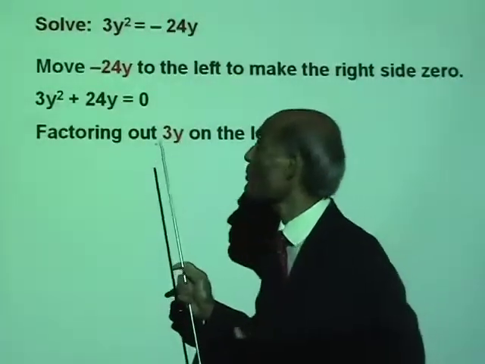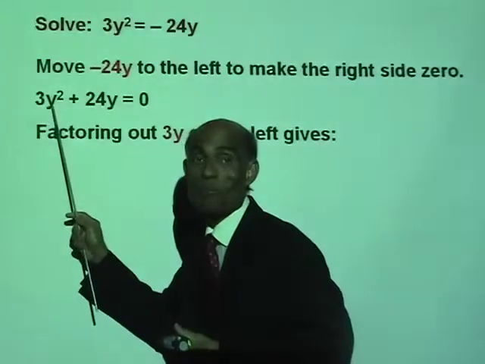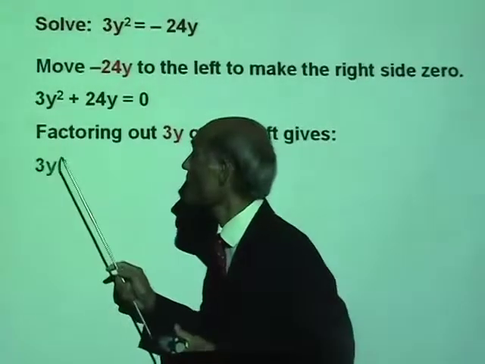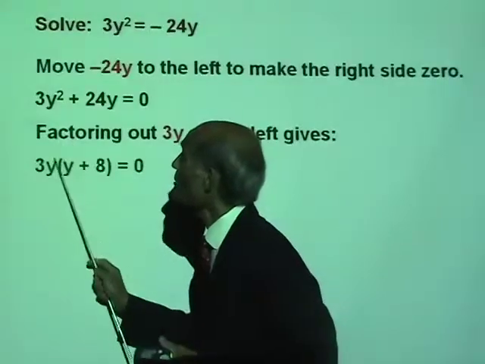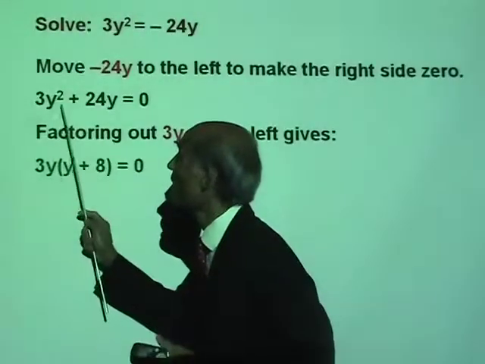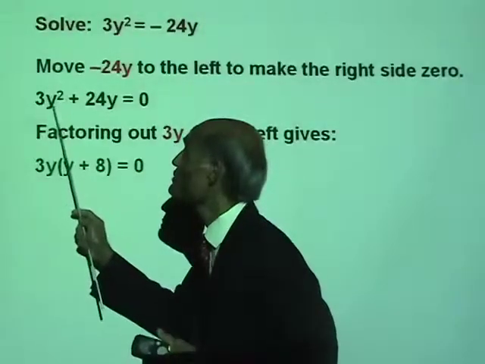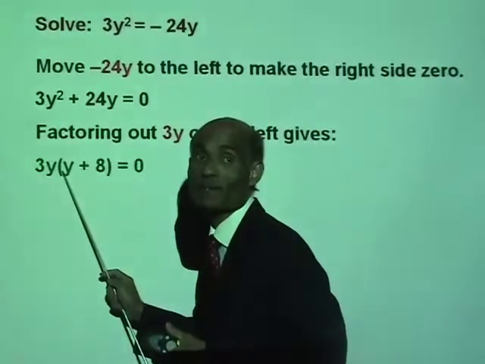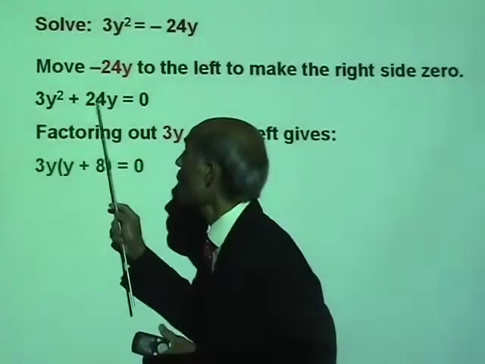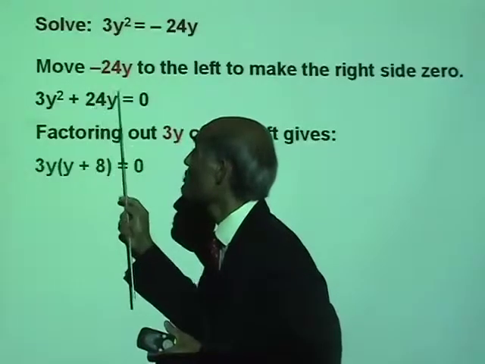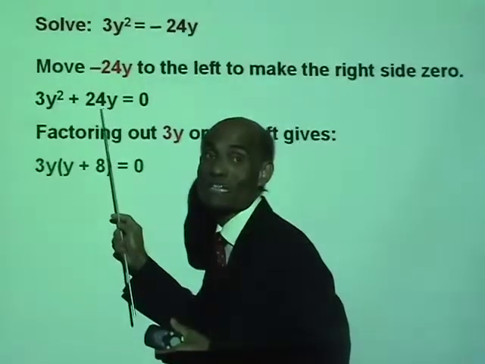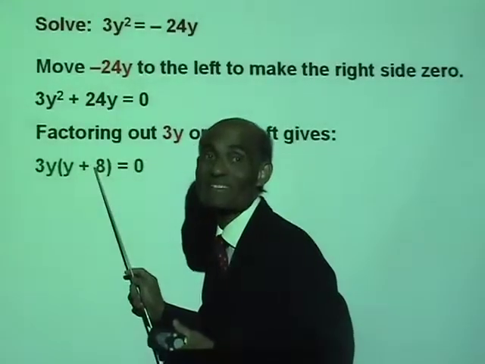Now, when 3y is factored out, what is left in the first term is a y. And when 3y is factored out from 24y, what is left there is an 8.